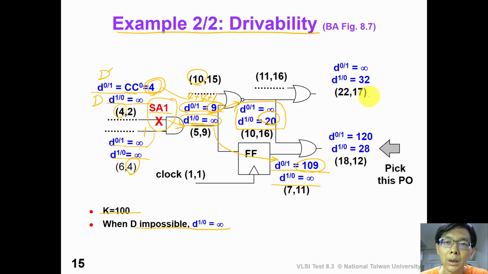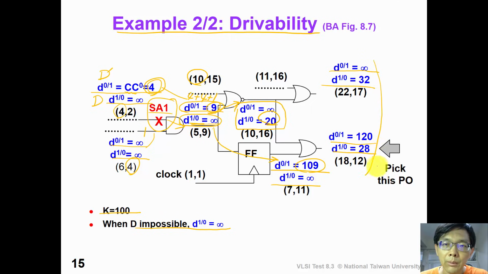Finally, at the primary output, we have D01 equal to 120, D10 equal to 28. For this output, D01 is infinity and D10 is 32.